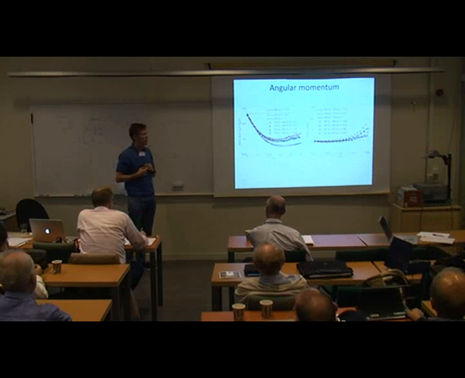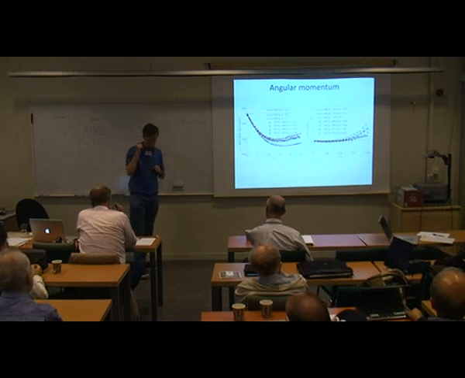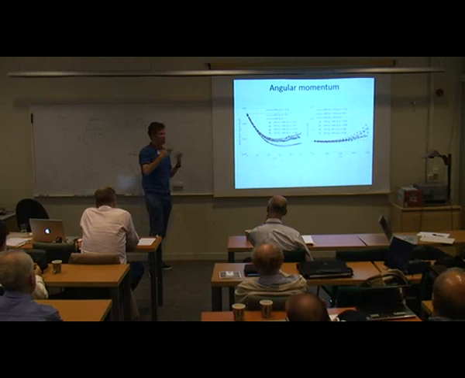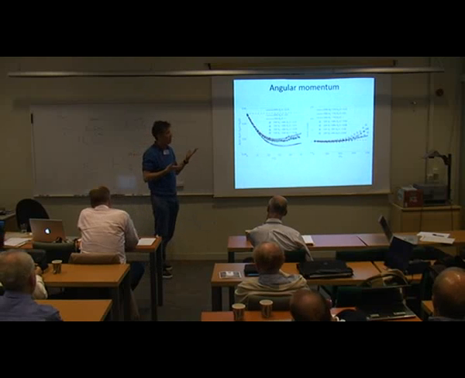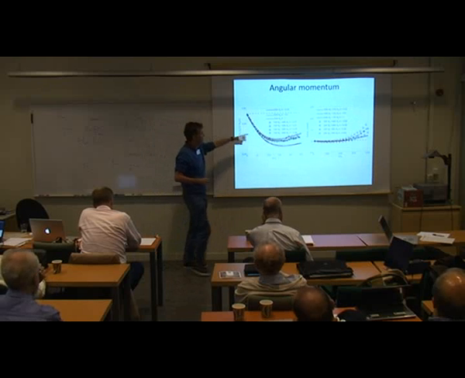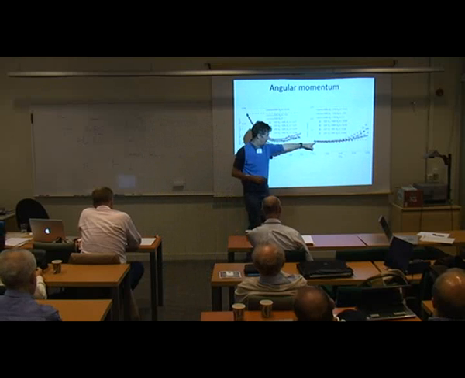If you look at the angular momentum, which you can do by looking at the sum of rho i r_i cross u_i, which is well approximated by a moment of inertia tensor times omega, what you see is this.